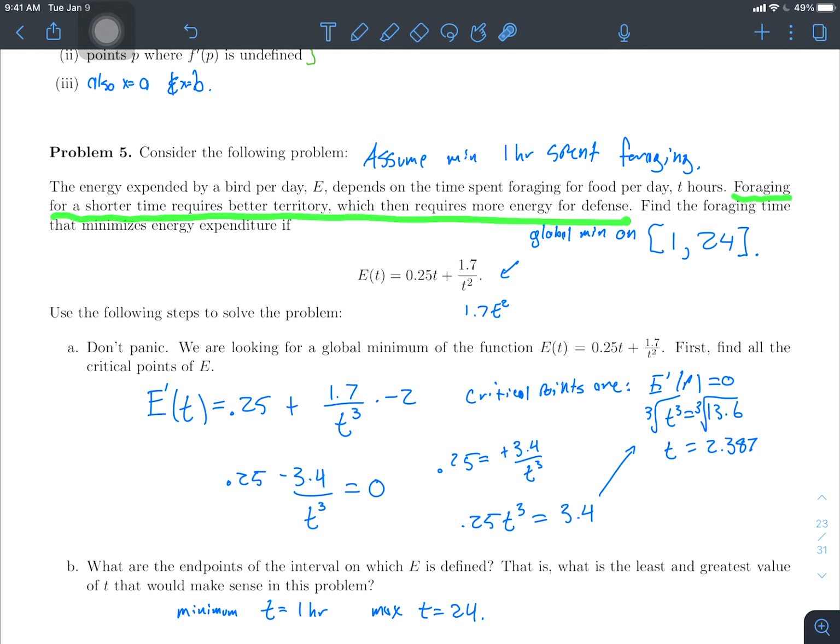So if the bird is only spending an hour foraging for its food each day, it must have really good territory, so it has to fight off all the other birds, and so it's spending energy that way instead. So it's like an optimization thing. I want territory that's good enough that I don't have to spend too much time foraging, but I also don't want the best possible territory such that everybody else is always pestering me.